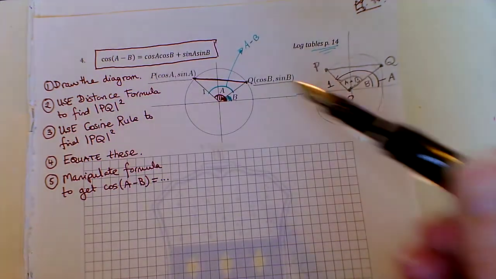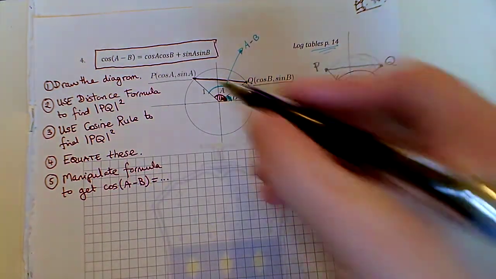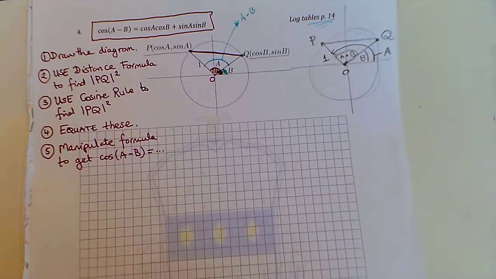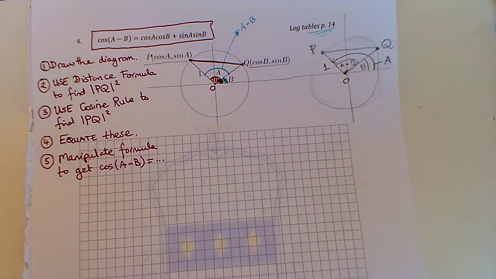So we've got the diagram. Make sure you understand how to draw that diagram yourselves. Put O in the middle here. And the first thing we're going to do is we're going to use the distance formula.